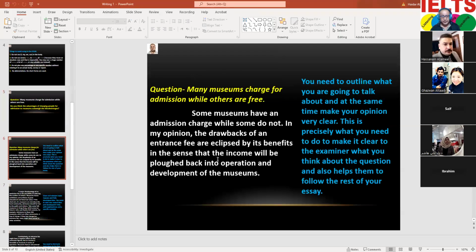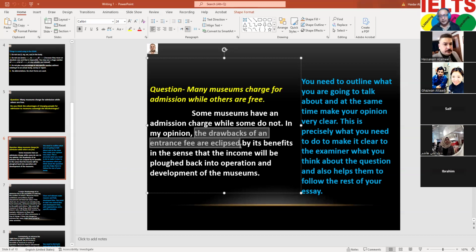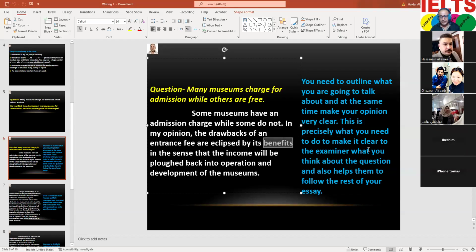Here, the drawbacks, the disadvantages, "the drawbacks of an entrance fee are eclipsed, covered by its benefits." It's passive. That means I go with the benefits. The drawbacks of an entrance fee are eclipsed by its benefits. That's the answer, since the question is asking about advantages or disadvantages.